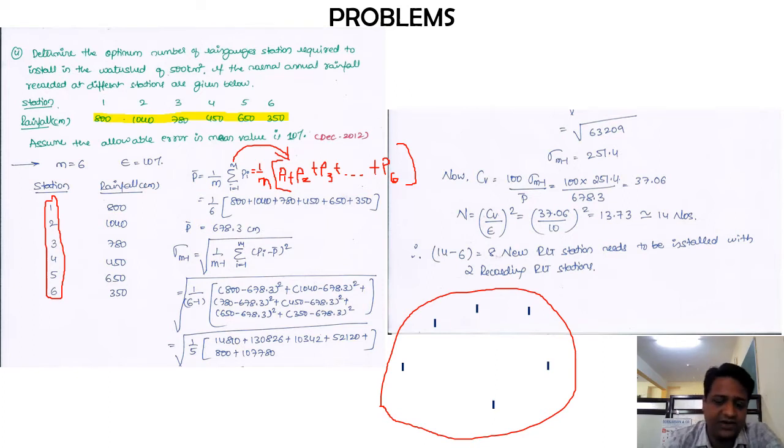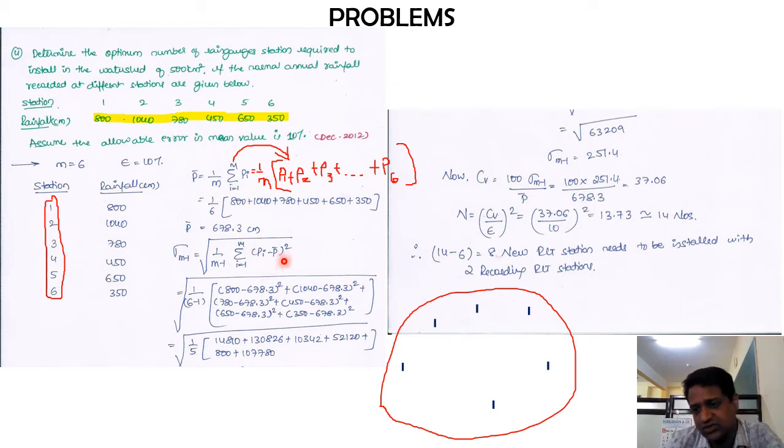Now the second part is sigma m minus 1. Here we have the square root of 1 divided by m minus 1, which is going to be a constant, and the summation where i is varying from 1 to m of Pi minus P bar the whole squared.